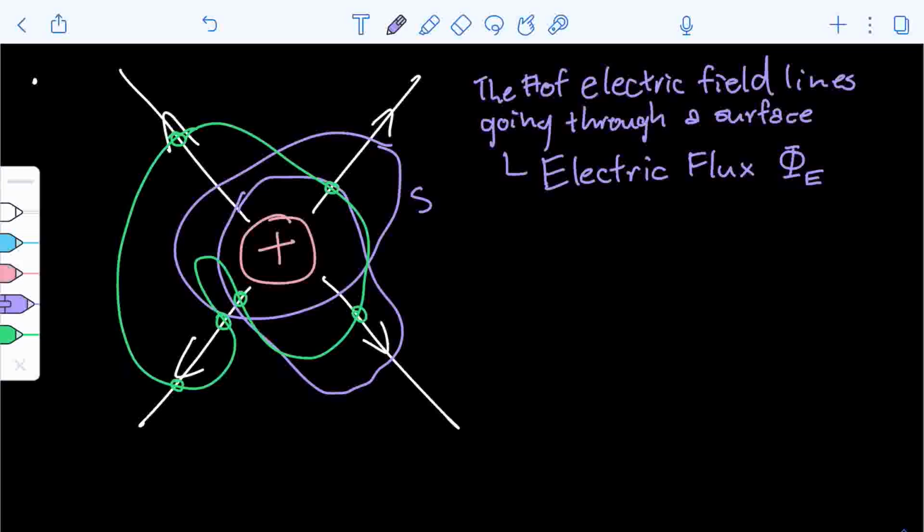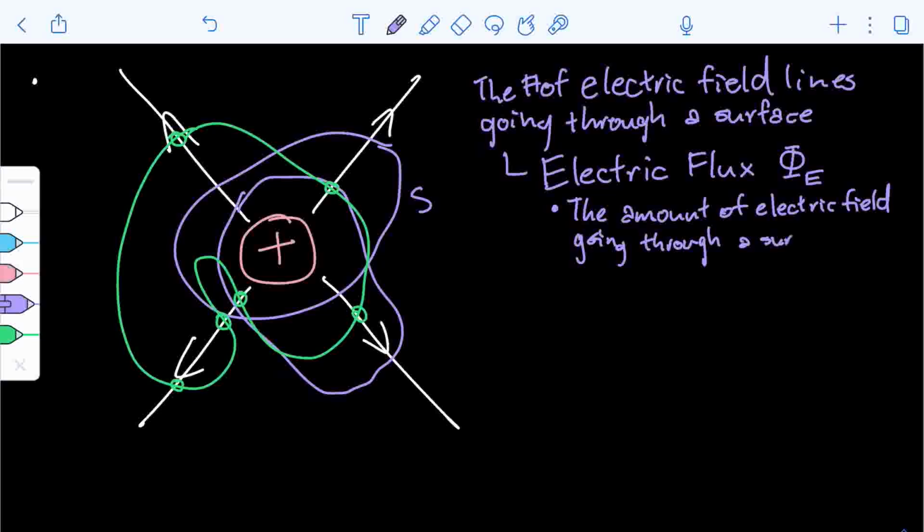Now, if I wanted to be a bit more precise, I would say that electric flux measures the amount of electric field going through a surface. Because electric field lines aren't like an actual physical thing that is present.